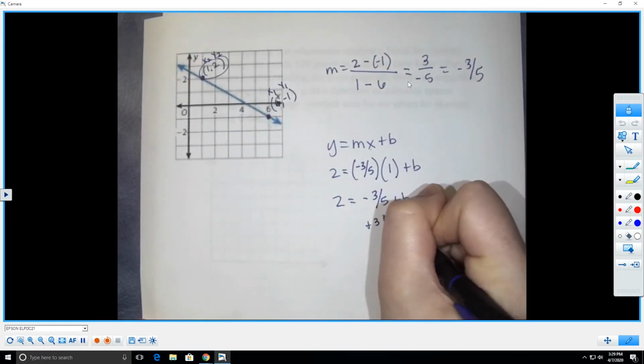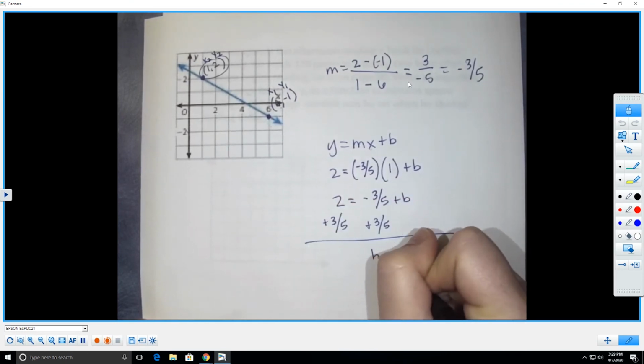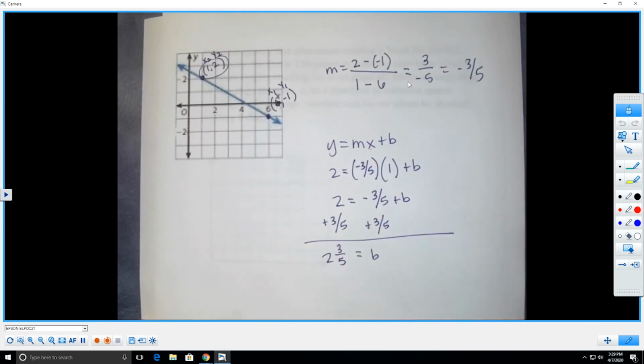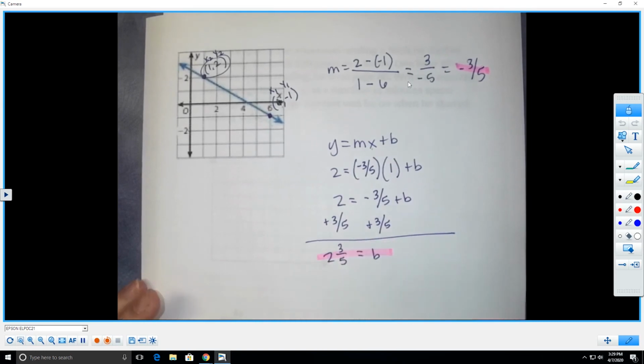I'm going to add 3/5 to both sides, and I get that b equals 2 3/5. Now put it all together. Write it into the equation model. We've got our slope of -3/5 and our y-intercept of 2 3/5.